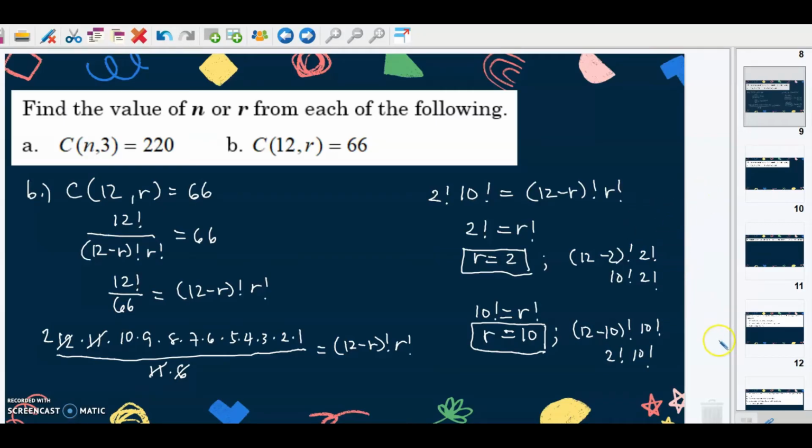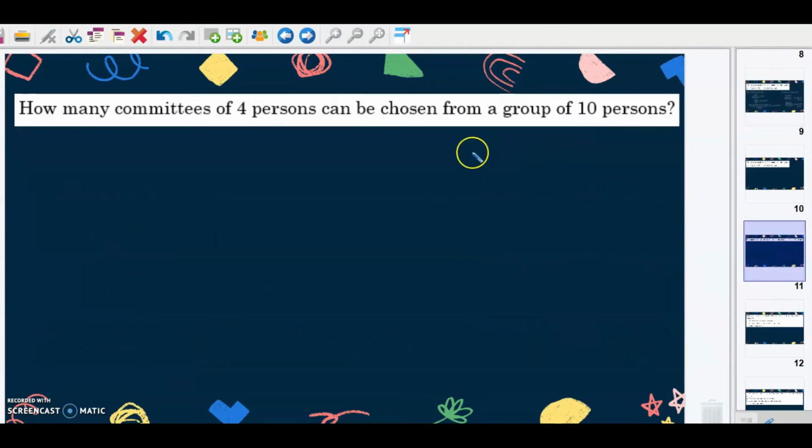So let's have now our next problem, and this will be our third problem. The problem is: how many committees of 4 persons can be chosen from a group of 10 persons? This problem is about combination, since we're just going to choose 4 persons from these 10 persons. So our solution would be the combination of 10 taken 4.